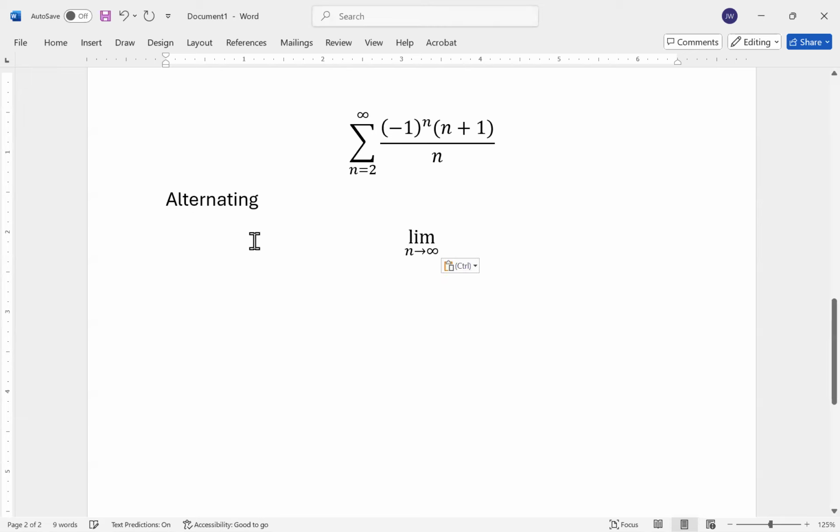So I would take the limit of that part. In other words, I take the limit of (n+1)/n as n goes to infinity. Obviously, that's 1, which is not 0.